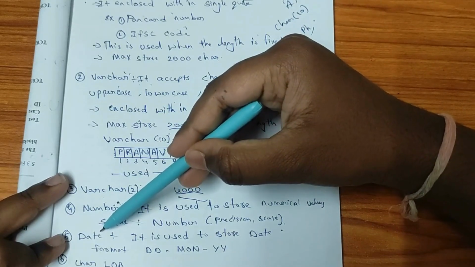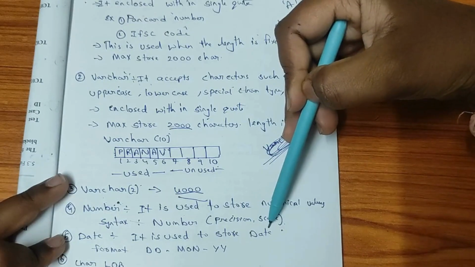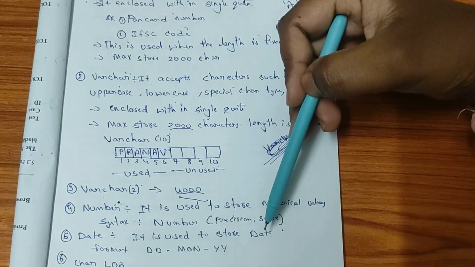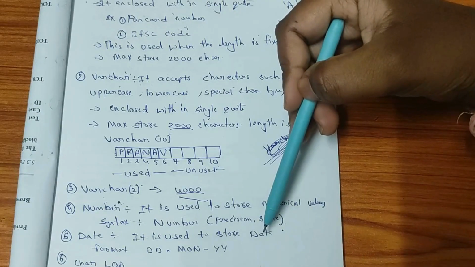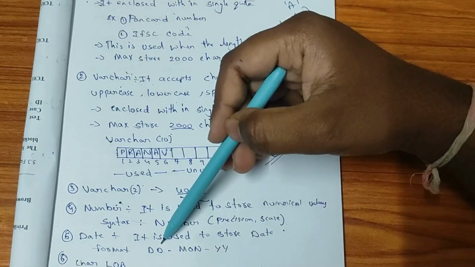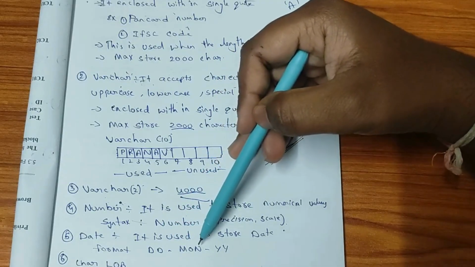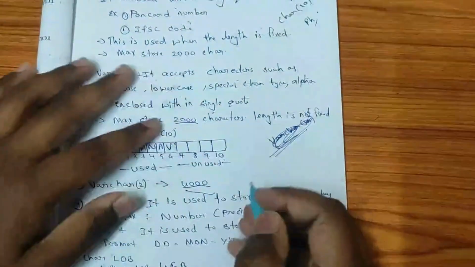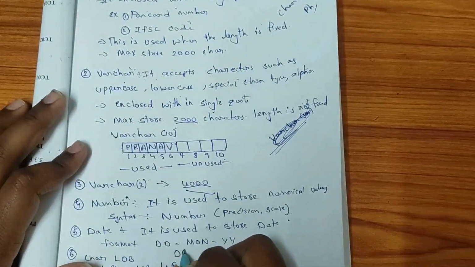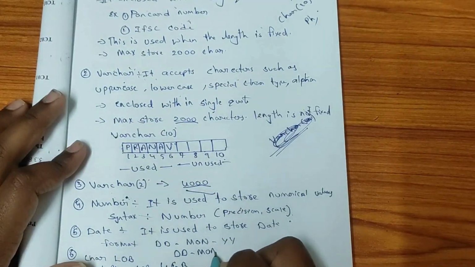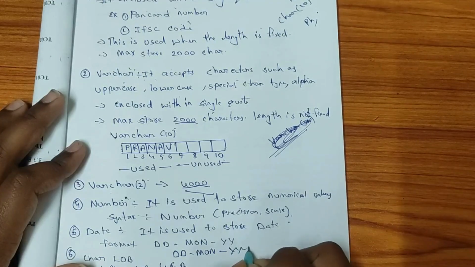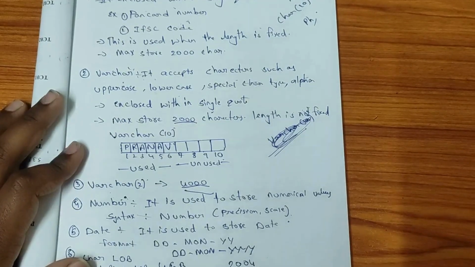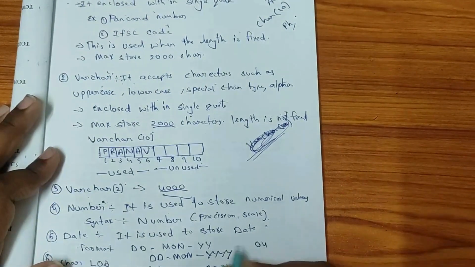Date is another data type, used to store dates. In the employee table, we will use a hire date, and the format will be DD, month, and year, or we can write DD, month, and the full year, like 2004.